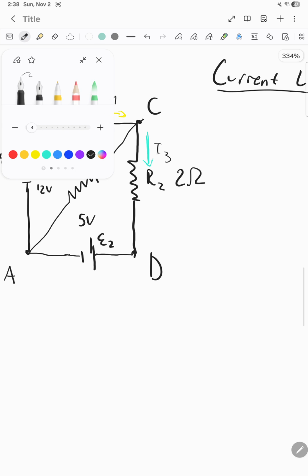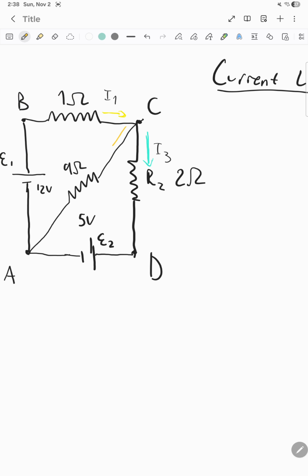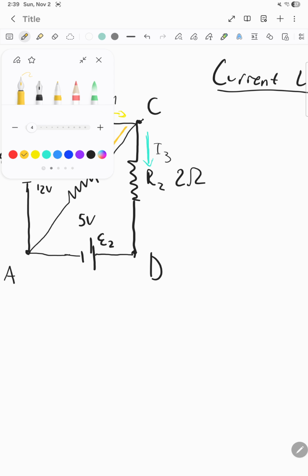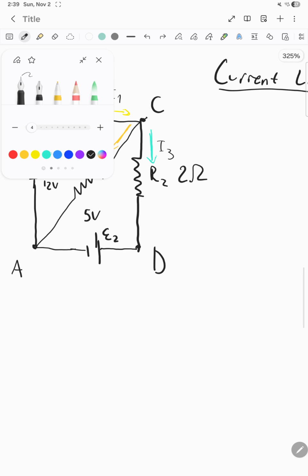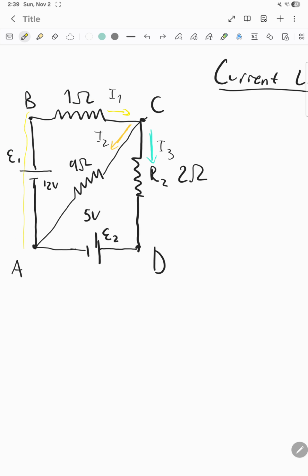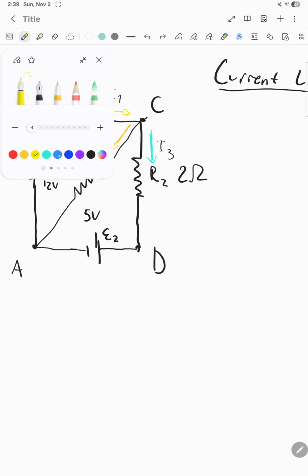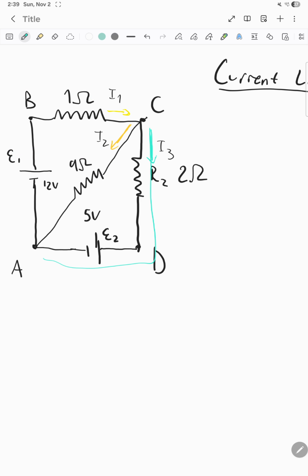And we'll have an orange one like this escaping, which we'll call I2. So I2 only goes here. This is the only part I2 goes on. The rest, yellow goes like this, I1 goes like this, and I3 goes like this.